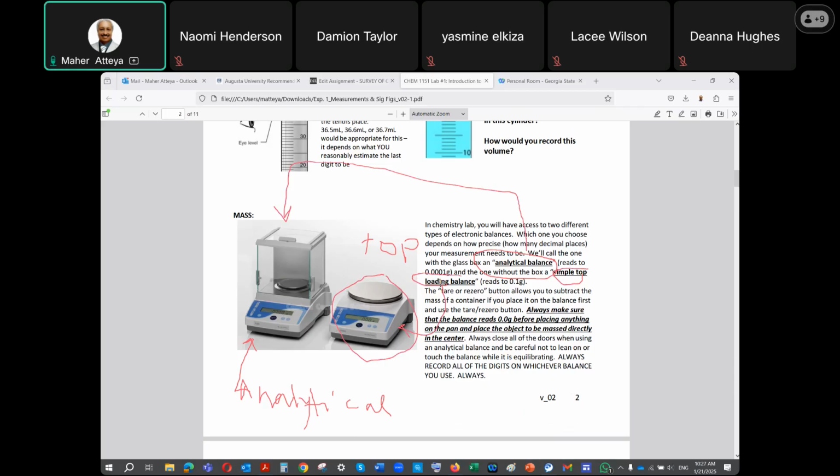The analytical will give up to 6 and more, depending on what you have in the lab. In the lab I give you at least 6, but some analytical balances give you 7 or 8 even. So more precise than the top load.